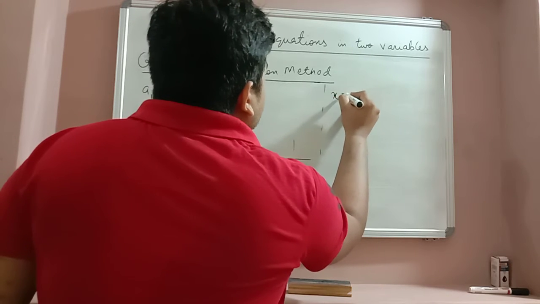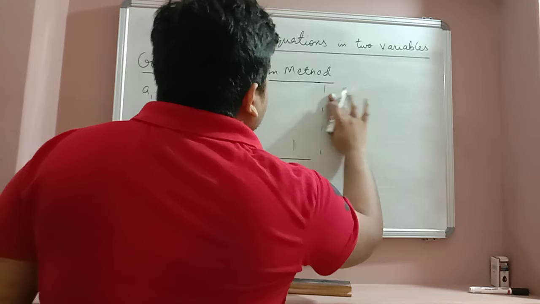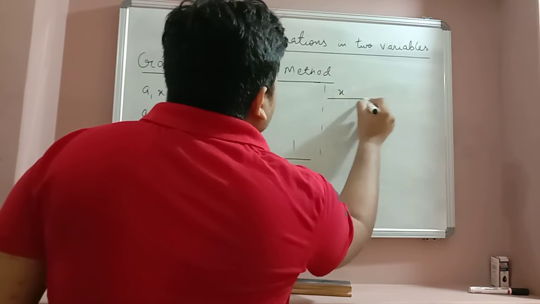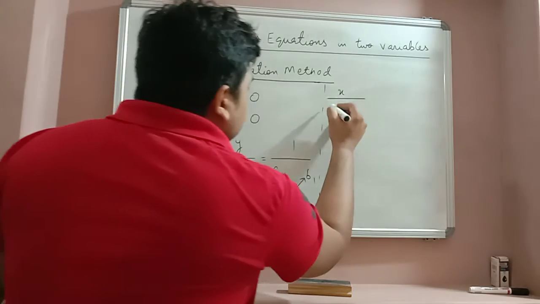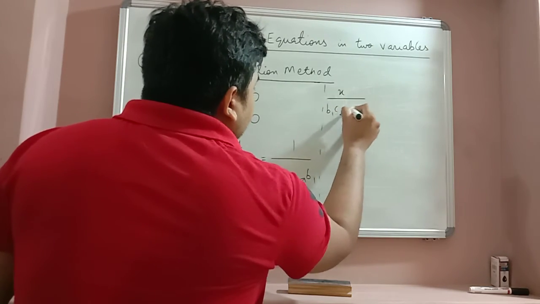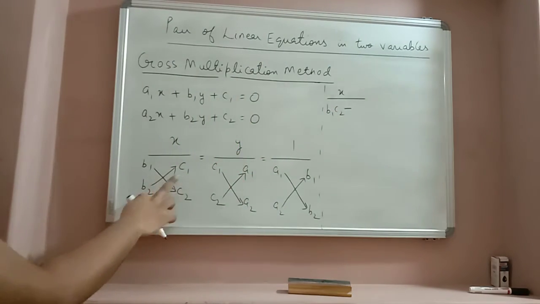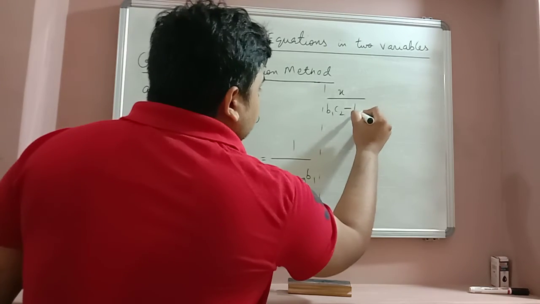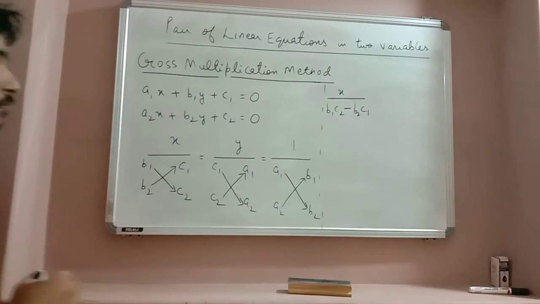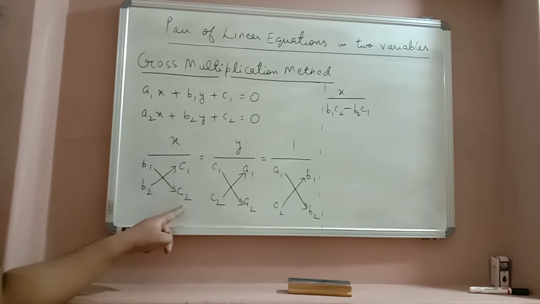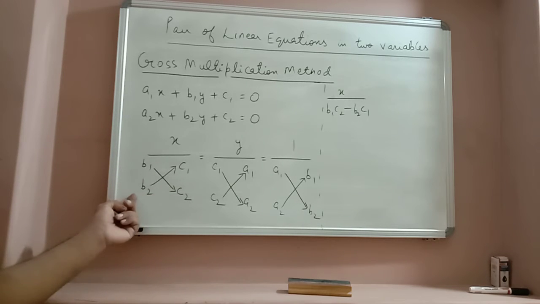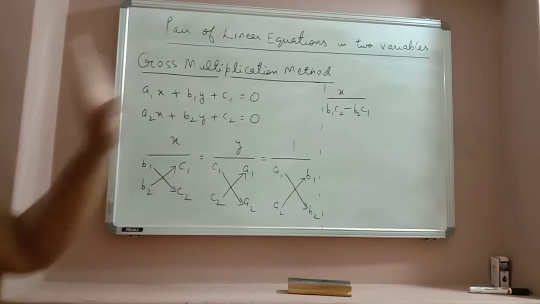that is x divided by, we multiply b1 c2 and then a minus sign, minus b2 c1. So b1 c2, b1 will be multiplied by c2, cross multiplication, and minus b2 into c1.